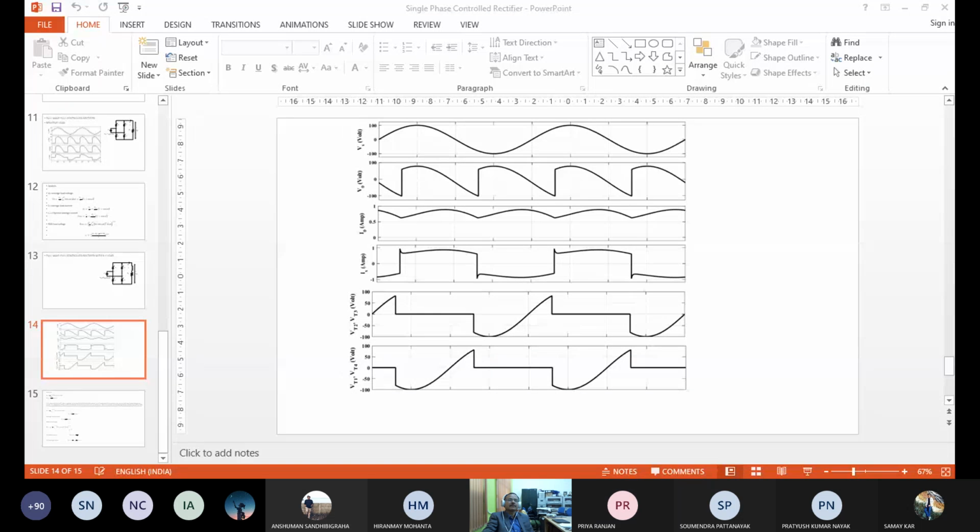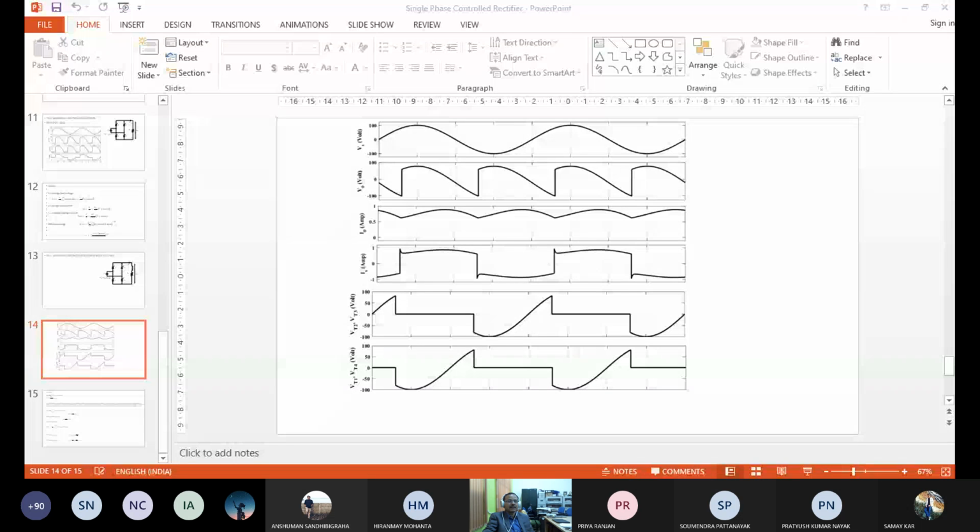Further, you can learn. With the center tap, a center tap transformer is required, but only 2 switches can rectify, right?